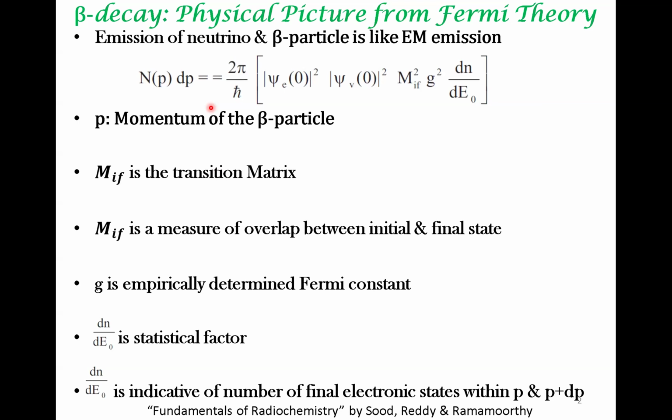Remember, what is it that we are trying to understand? The experimental observation is that there is a continuous spectra for the beta particles that are emitted in beta decay. How do we rationalize that? That is the objective of the Fermi theory for beta decay.